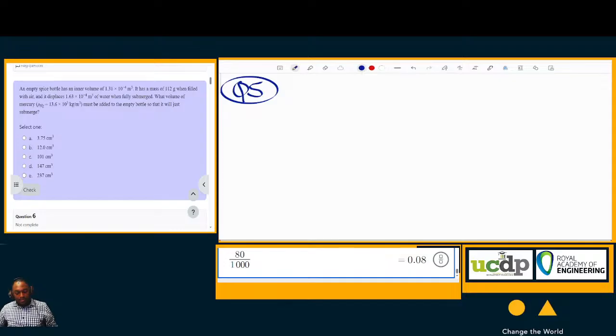Right, so the weight of the bottle plus the weight of your mercury should be equal to the weight of the water when fully submerged.